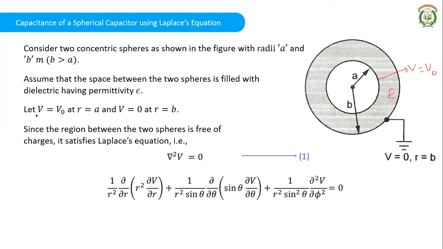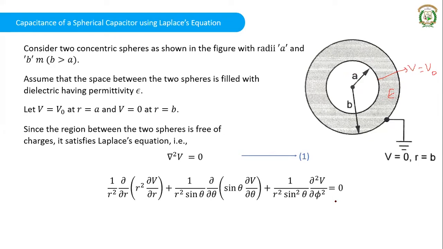We write V is V0 at r is equal to A and V is 0 at r is equal to B. That is, V is varying with respect to r. The electric field intensity is moving radially outward from the inner sphere to the outer sphere. There are no theta or phi components of electric field intensity, so there are no theta and phi components for the potential also.